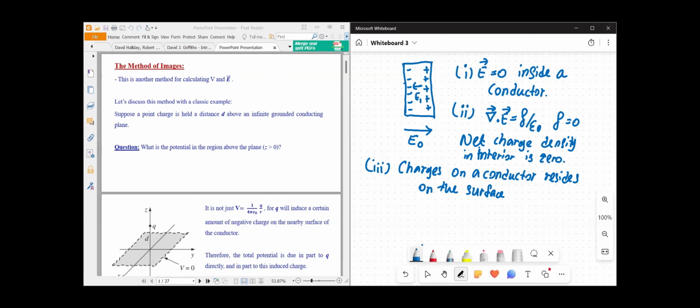Also, a conductor is an equipotential surface, which means we can move charges freely on the surface of the conductor.